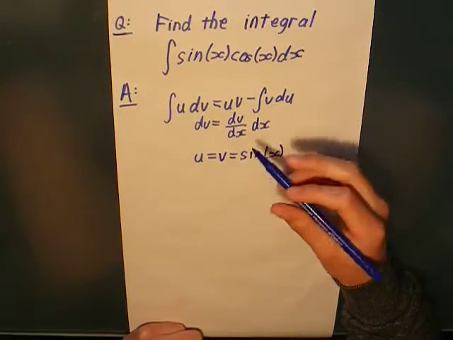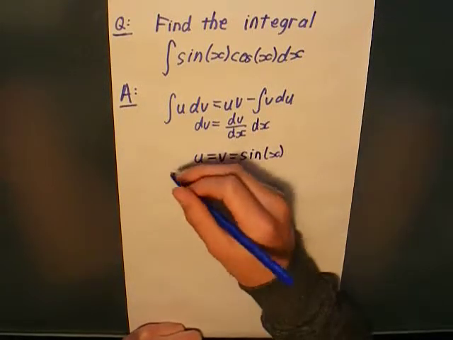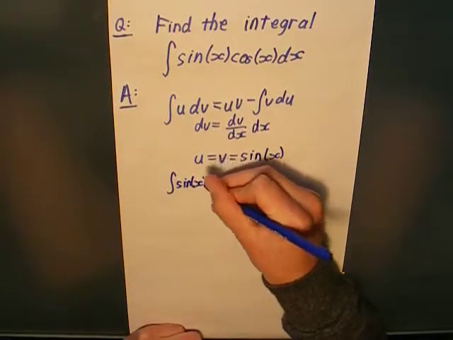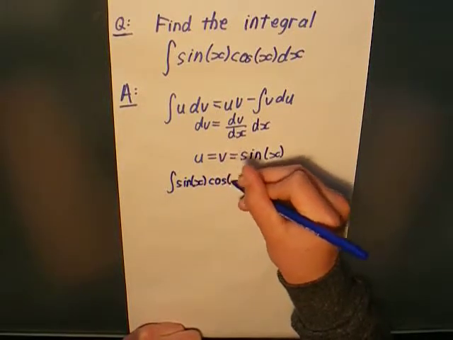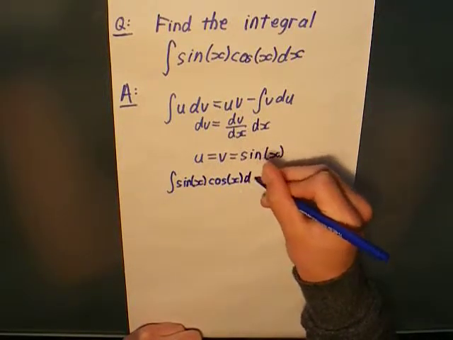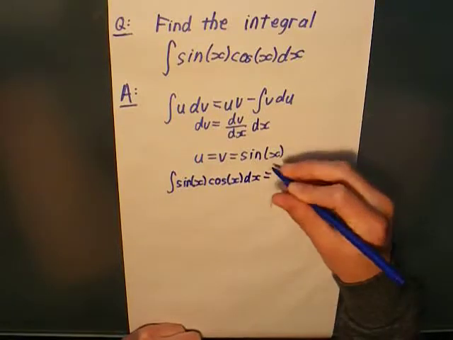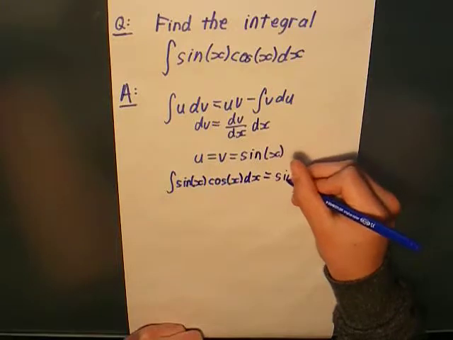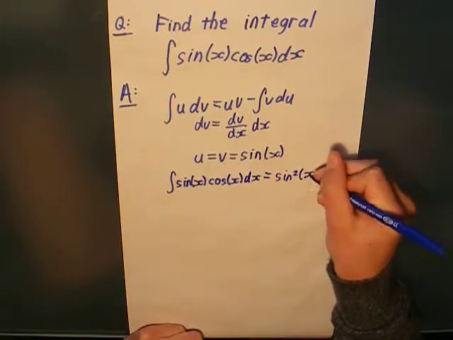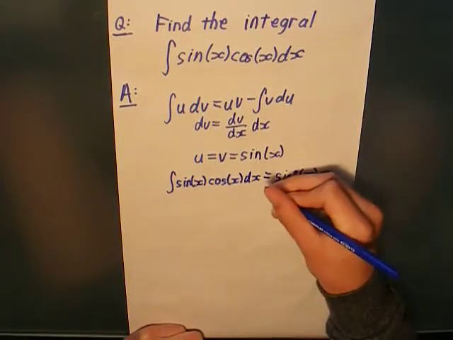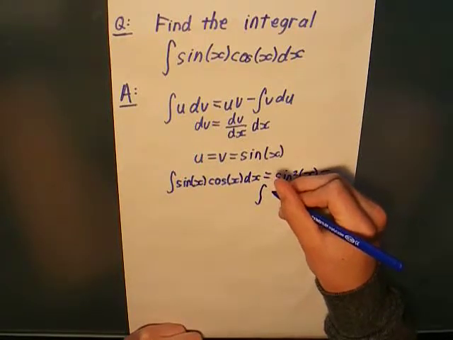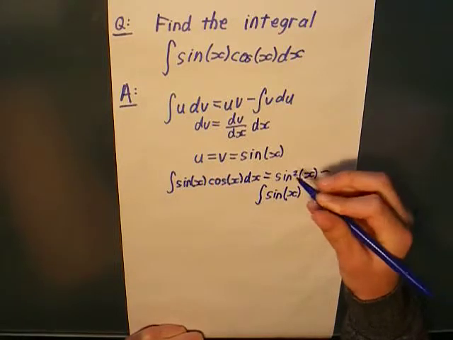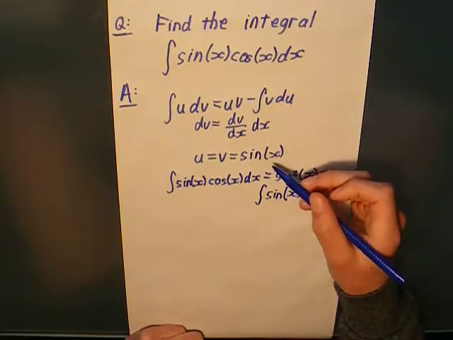Okay, so now I've got integral sine of x cos of x dx equals sine x times sine x, or sine squared of x, minus integral v of sine x du, where u is sine x.